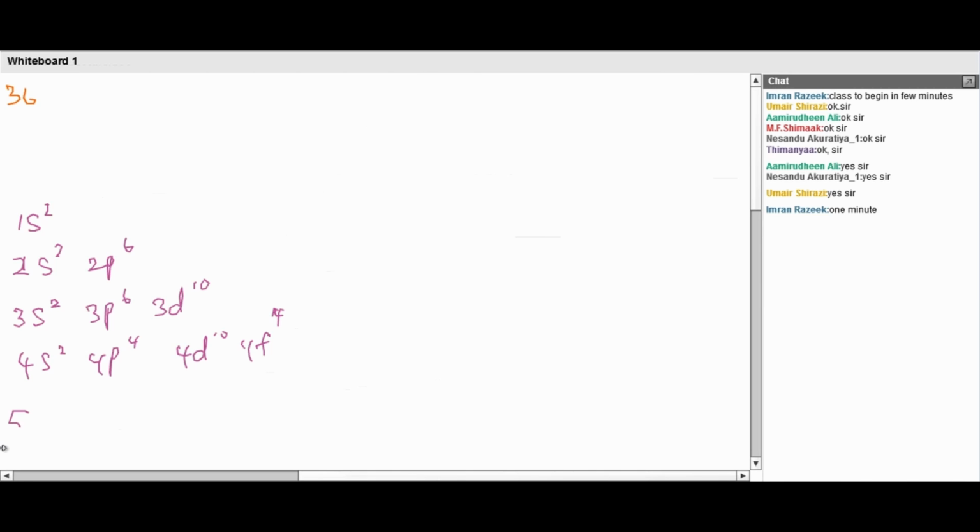F can go up to 14, and you have 5s, 5p, 5d, 5f14, 6s, 6p, 6d, and it goes on like that. So you write this in the order given, and then you try to interconnect them this way.